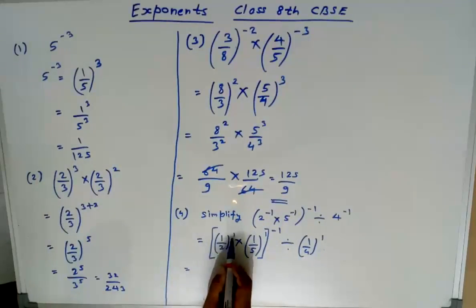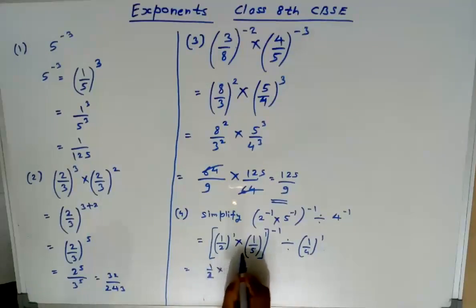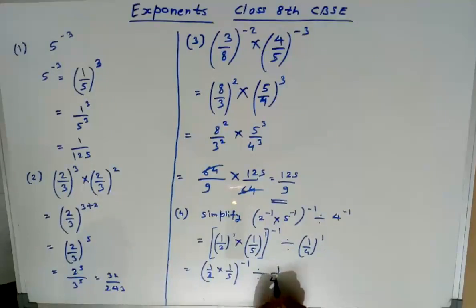So 1 upon 2 raised to the power 1 means 1 upon 2, and 1 by 5 raised to the power 1 means 1 upon 5, and its power is minus 1, divided by 1 upon 4. So it will become 1 upon 5 into 1 into 1 is 1, 5 into 2 is 10, raised to the power minus 1, divided by 1 upon 4.